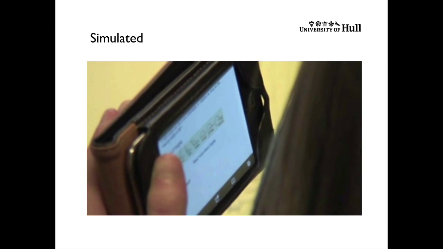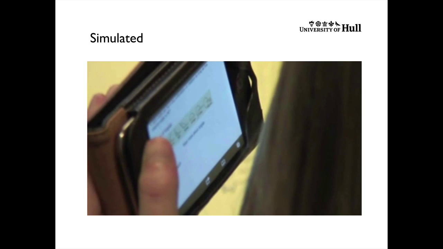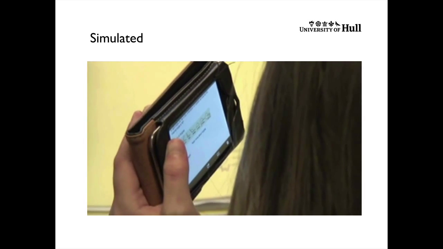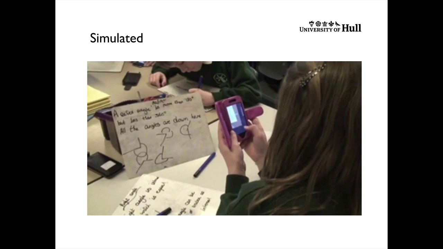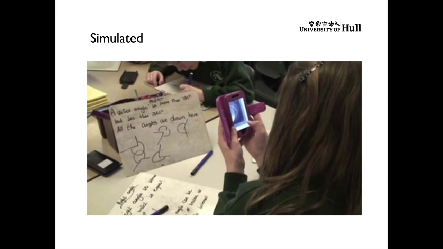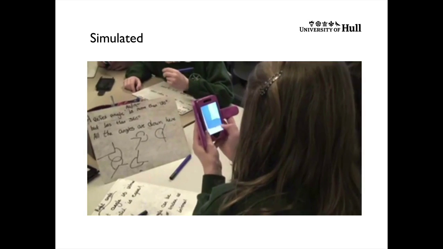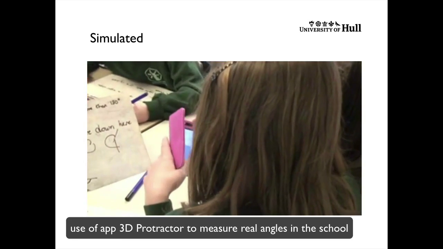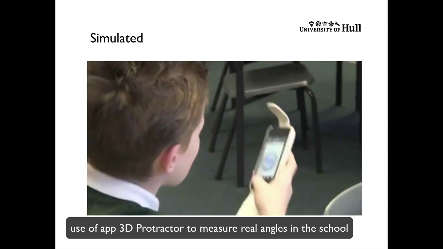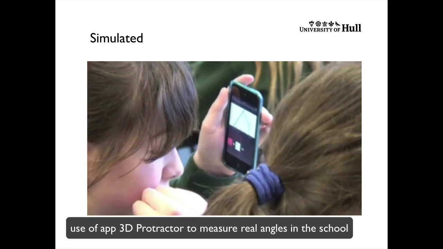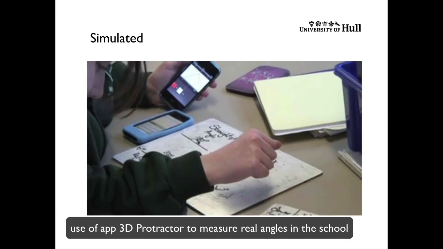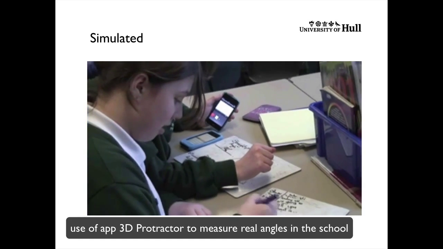In this second example, which is also set within a school, students have been asked to use their mobile device to practice the kind of activities they might encounter outside of school in their real life. The teacher has set them to use their iPod Touch and an app for measuring angles to identify a variety of real angles in the school and around the classroom.